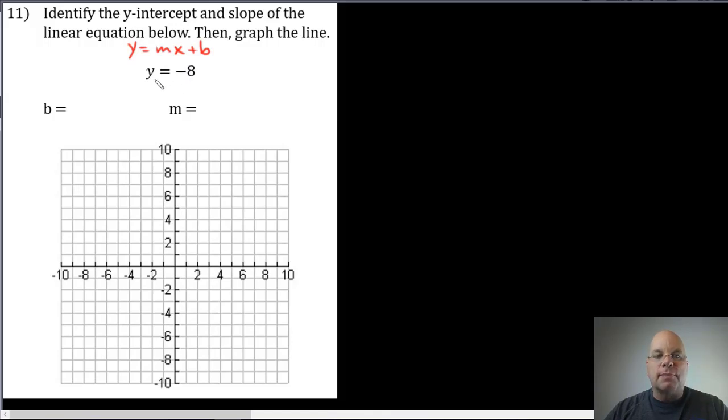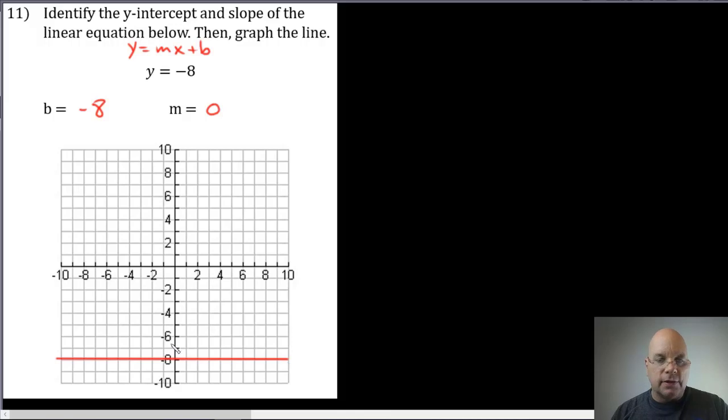Y is constantly -8. There's only a constant term. B is -8, m is 0. If m is 0, then this variable term goes away in this slope-intercept form, and a 0 slope also indicates a horizontal line. So our line would be at y equals -8.